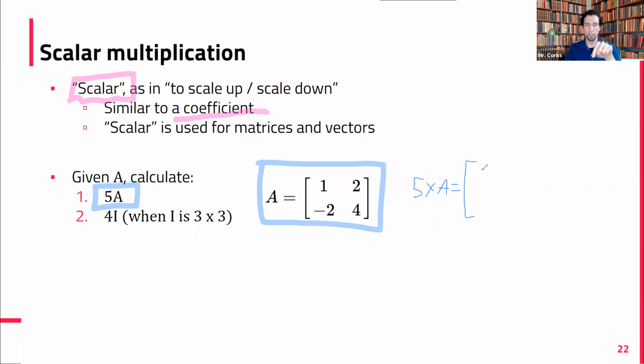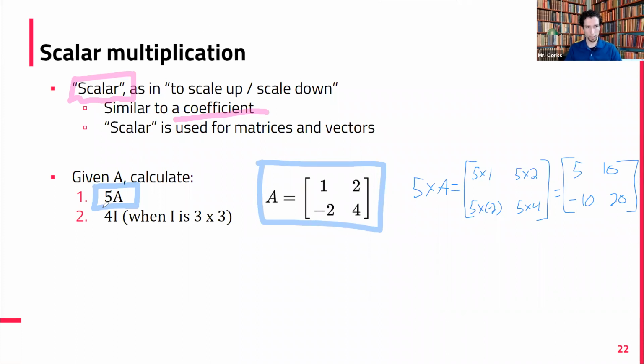Okay, so just each position multiplied by 5. So 5 times 1, 5 times 2, 5 times -2, 5 times 4. And so that just turns into 5, 10, -10, and 20. That's it. So scalar multiplication, also not hard, not surprising. Just multiply each value by whatever the scalar is.